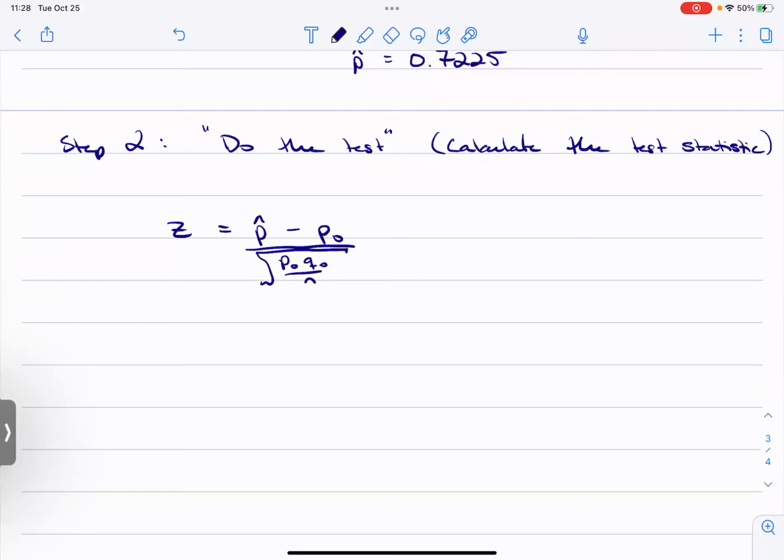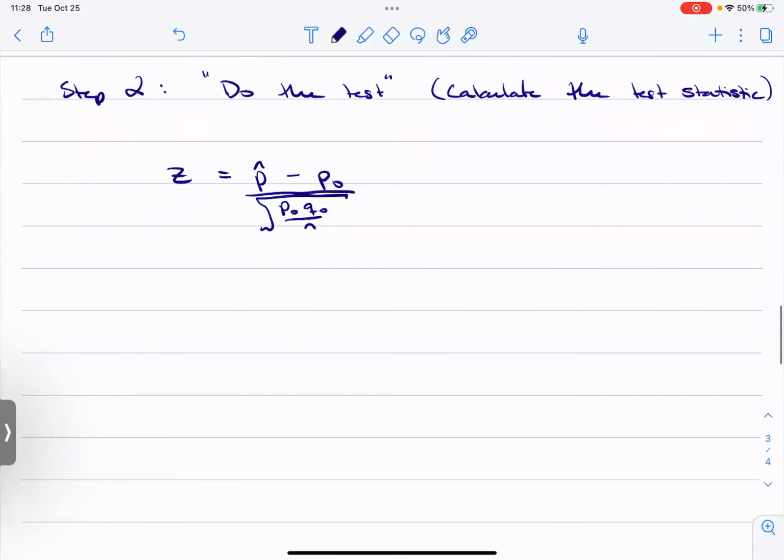Right, for hypothesis testing, we leverage that hypothesized proportion. So notice here, we're assuming the null hypothesis is true by using p naught in our test, which is what we were supposed to do. Okay. So now it's a matter of plug and chug here.